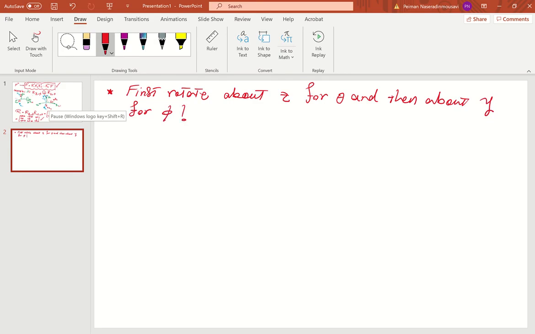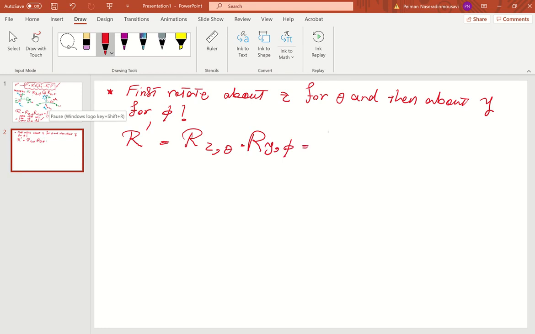So we are reversing the rotations. I'm naming this one r prime. This time it's going to be rz for theta multiplied by r y and phi.